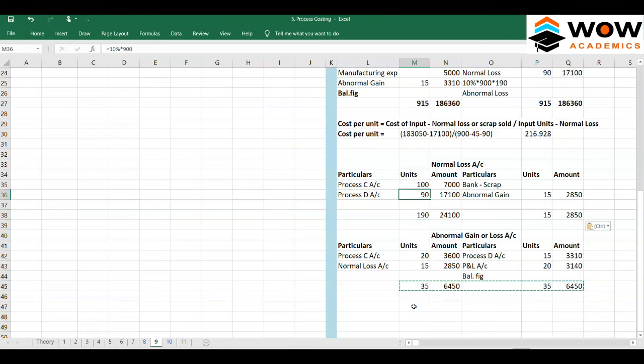The amount that has to be adjusted would be like this. 2410 is the total amount, minus this amount, you will get 21250. This is what goes to the scrap. You don't need to worry about the units here, because the bank will not consider the units. So 21250 is again the balancing figure here.